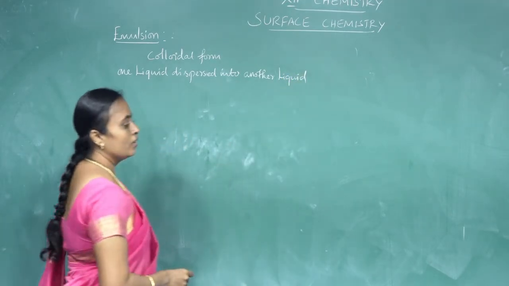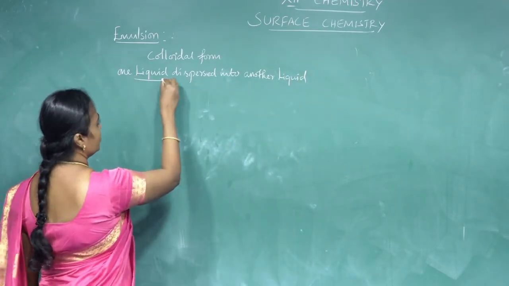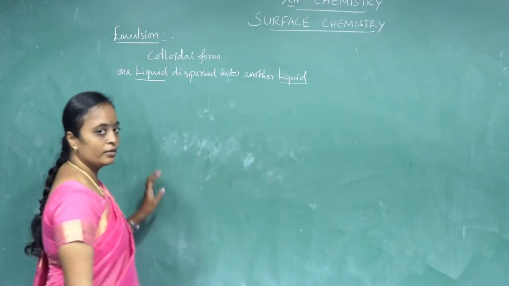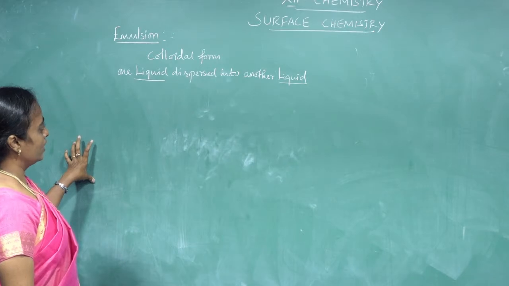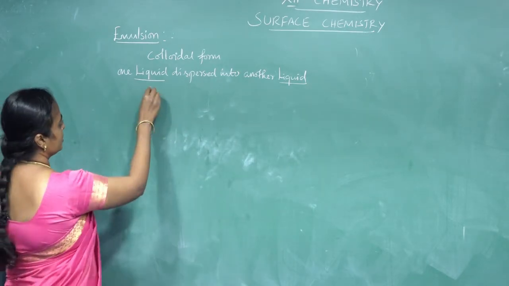So this is called a liquid colloidal solution. There are two types of emulsion we are going to discuss.